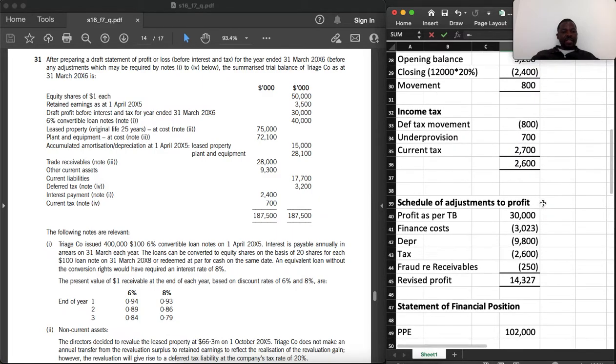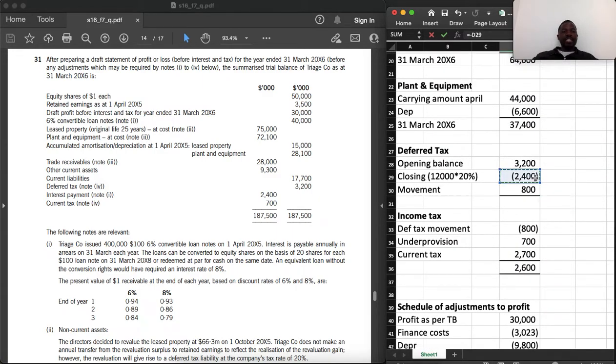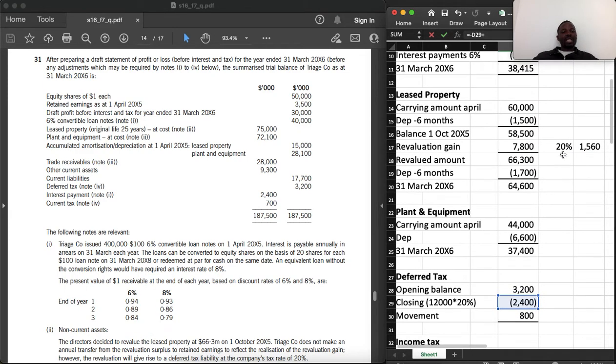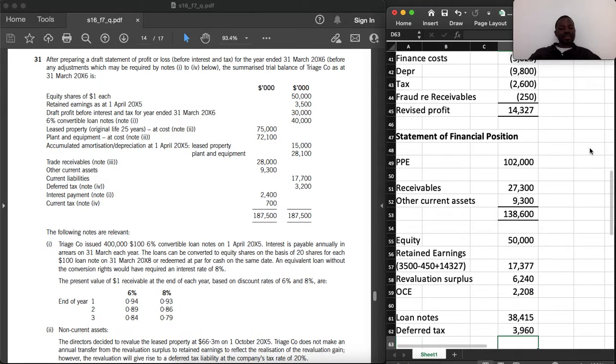We have got the deferred tax of closing balance, which is 2.4. We add the deferred tax that we calculated on the revaluation gain. As we said, this deferred tax doesn't affect profit, but it affects the liability in total of the deferred tax, like that.